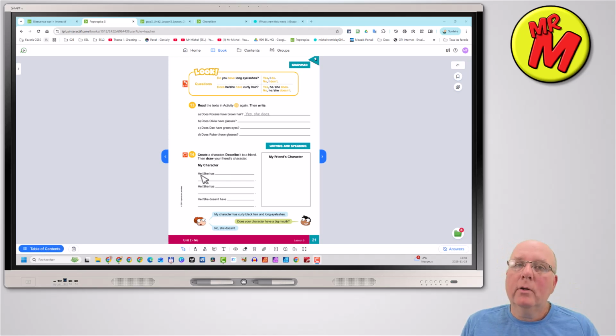So, your character will have dark eyebrows, a short beard, gray hair, glasses, etc. And you add more characteristics. And some characteristics your character doesn't have.